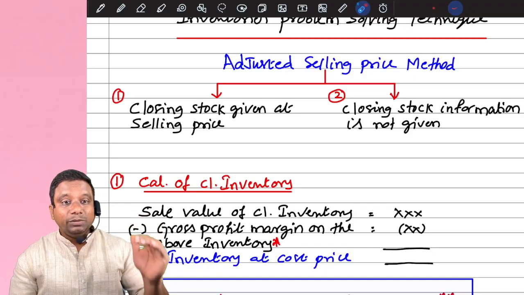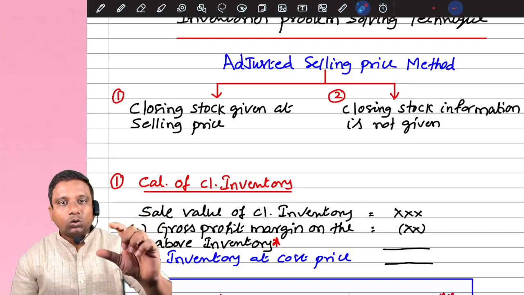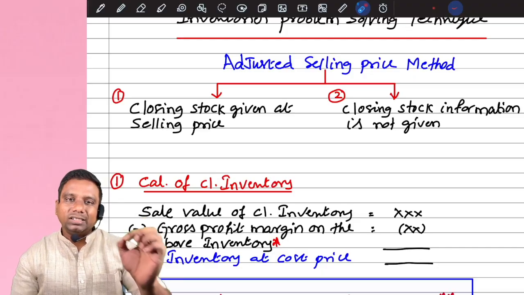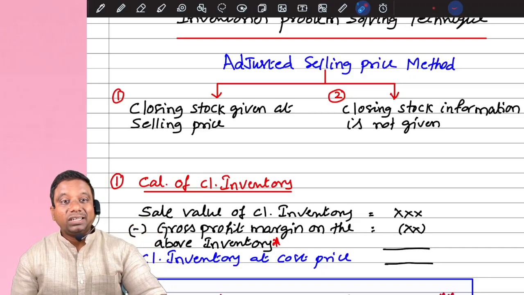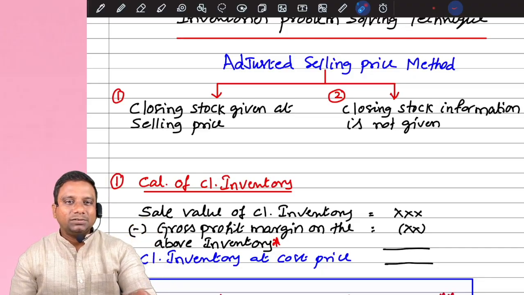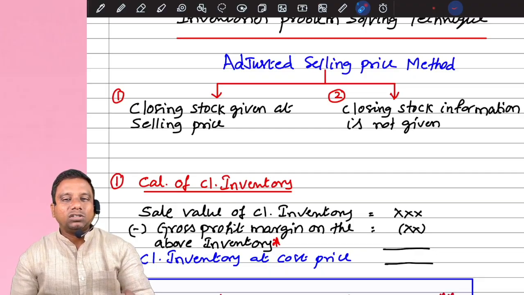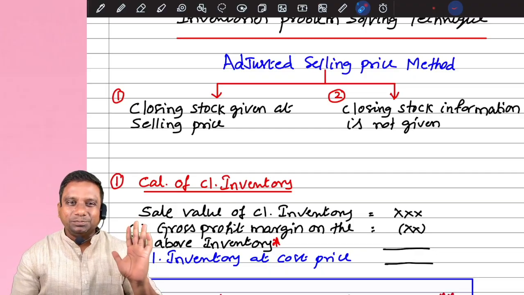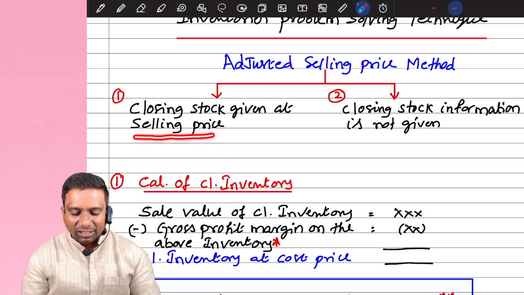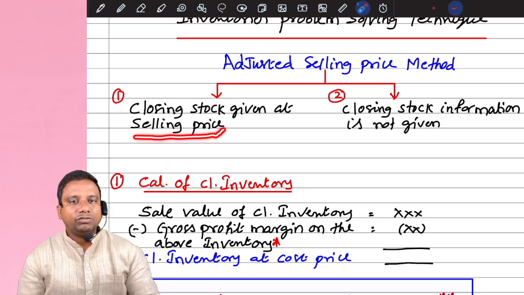Sometimes closing stock is given in the problem itself, but at what price? Selling price. We have to value the closing stock at what price? Cost price. But here the closing stock is at selling price.